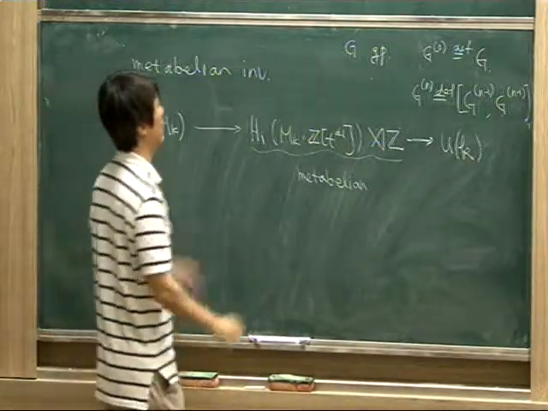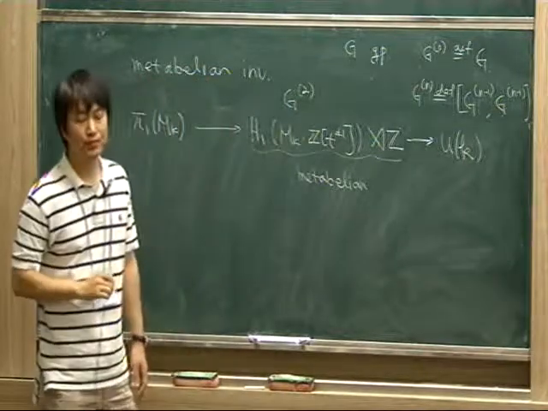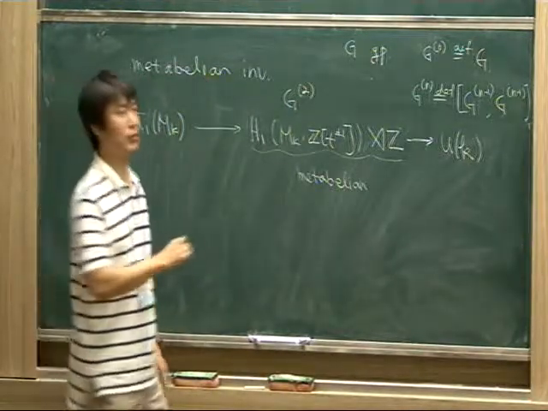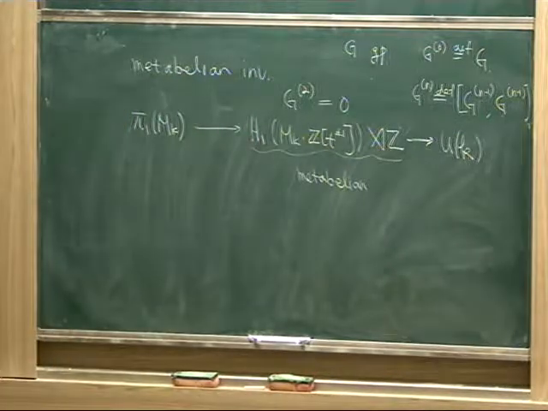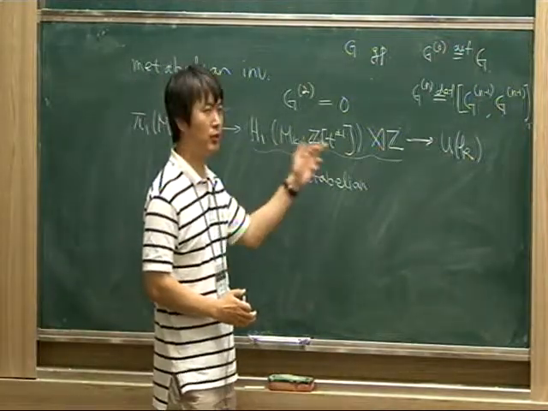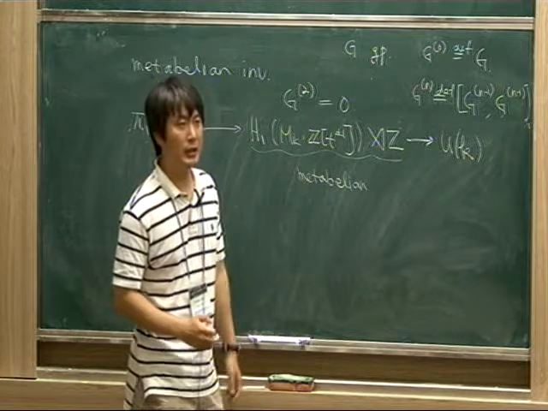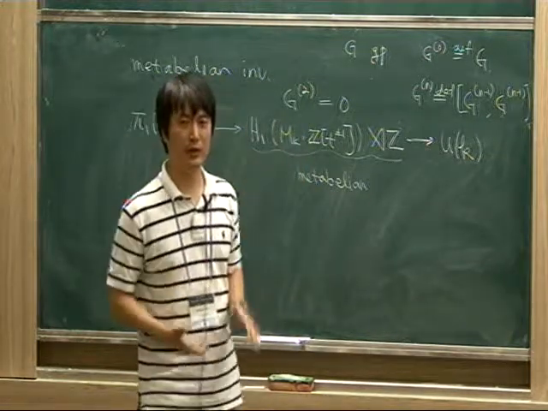And a metabelian group means that the second derived group is trivial. Or just simply you can think that a metabelian group means the semi-direct product of two abelian groups. So anyway, here we are looking at abelian covers of abelian covers.